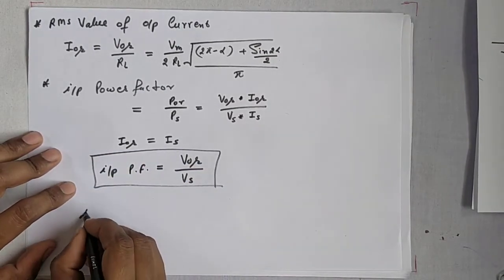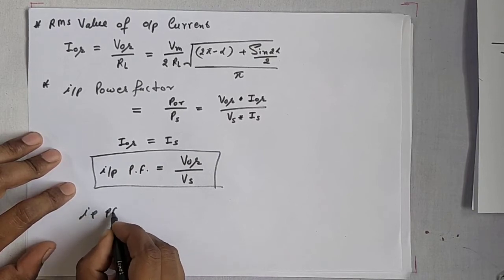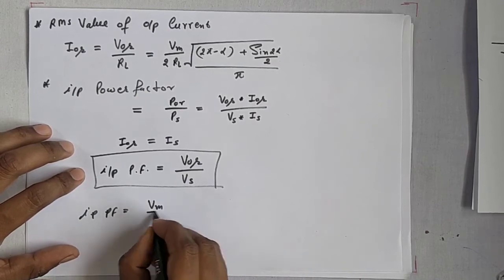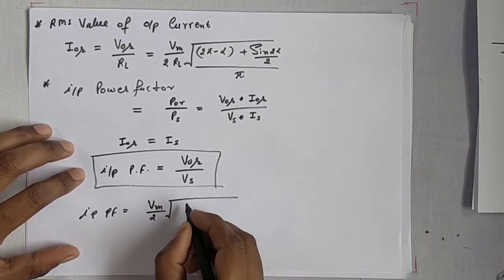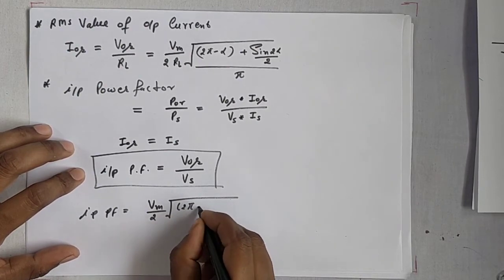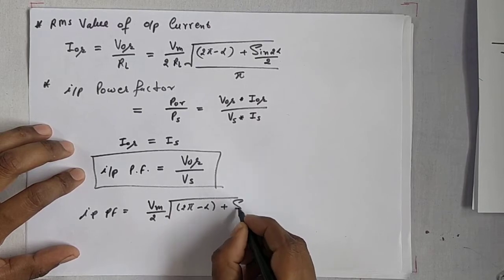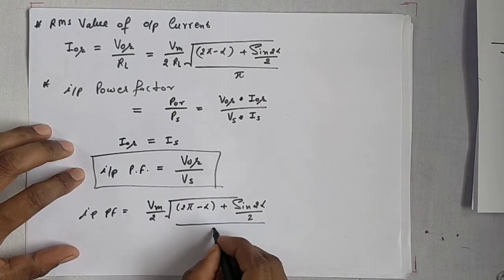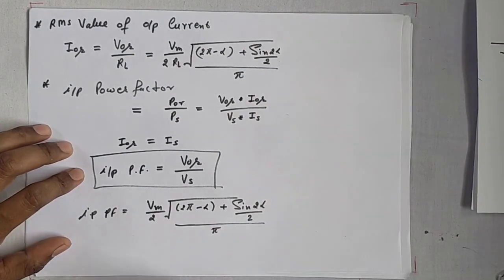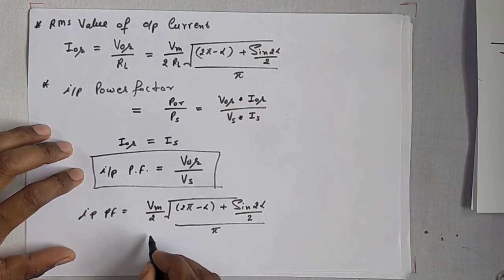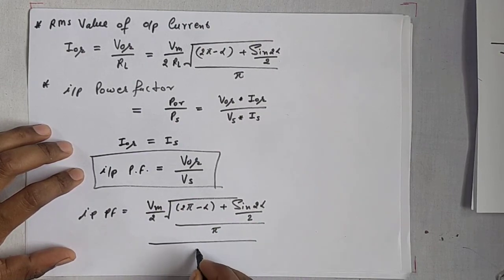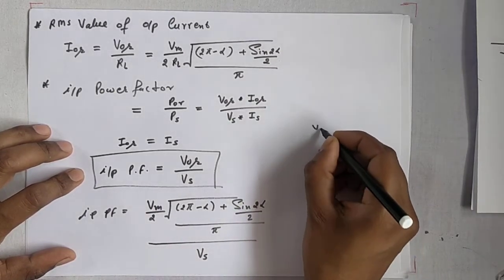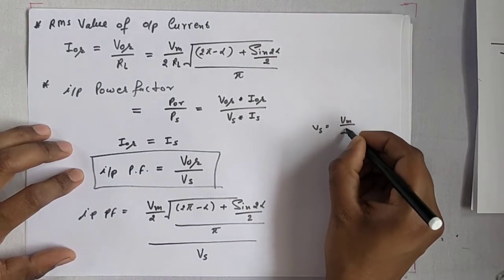So what will be the formula of input power factor? Input power factor is VOR, the formula of VOR is Vm by 2, root of ((2 pi minus alpha plus sine 2 alpha divided by 2) divided by pi), whole divided by VS. So VS is Vm by root 2.